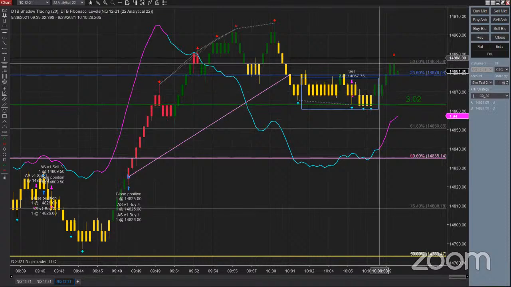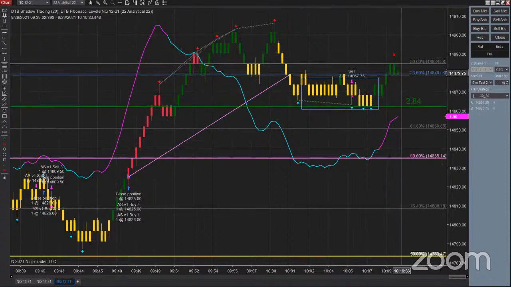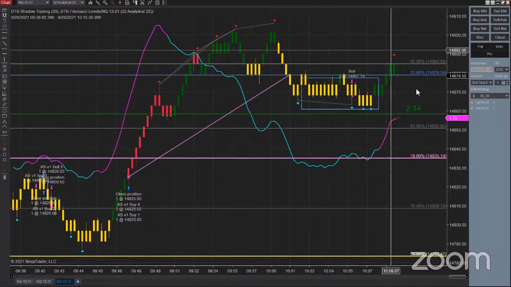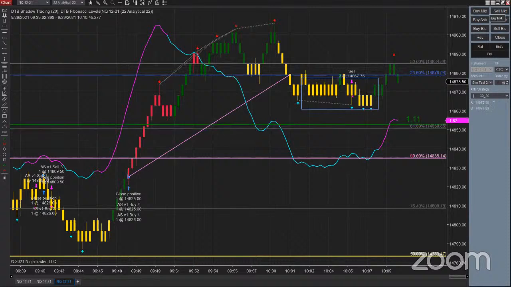So this is also very interesting now. We've got an arrow against the 23.6 Fibonacci level. So if it breaks below, this could be your opportunity to enter a sell. And you've got a few things going for you here.